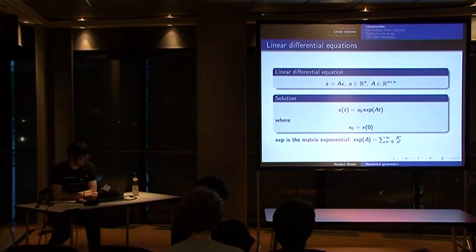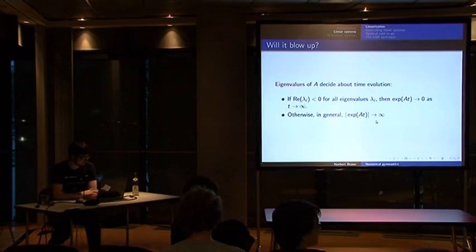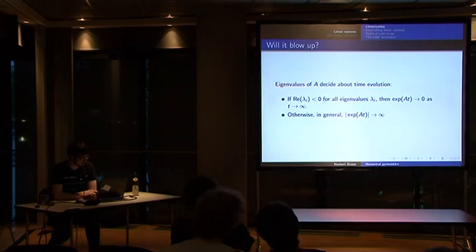Now, first, the solution of the linear differential equation in n-dimensional systems just looks very much the same, except that the exponential is now the matrix exponential. And the important criterion that we are after is decided by the eigenvalues of this matrix A. So if the real part of all the eigenvalues is smaller than 0, then the exponential of A times t goes to 0 as time goes to infinity.